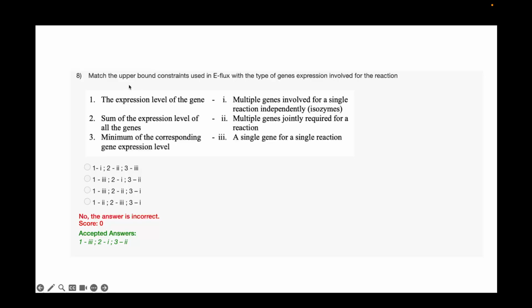So the question is, match the upper bound constraints used in flux analysis with the types of gene expression involved in the reaction. For the expression level of a gene, the bound constraint will be the single gene for a single reaction, right? The sum of expression of all genes applies when multiple genes are involved in a single reaction independently, which are known as isozymes. And the minimum of the corresponding gene expression levels applies when multiple genes are jointly required for a reaction.